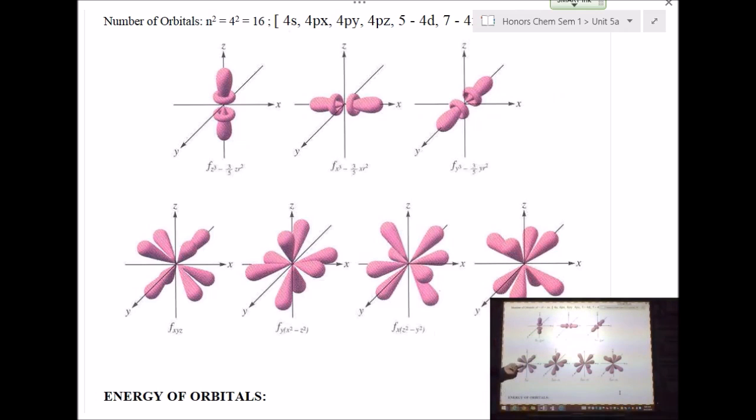So whatever this orientation is, it says X, Y, Z, and don't worry about those math functions down there. But I cannot have 2 f orbitals that look exactly like this in the same location. That cannot happen because it's occupying the same space. Does that make sense? I hope so.